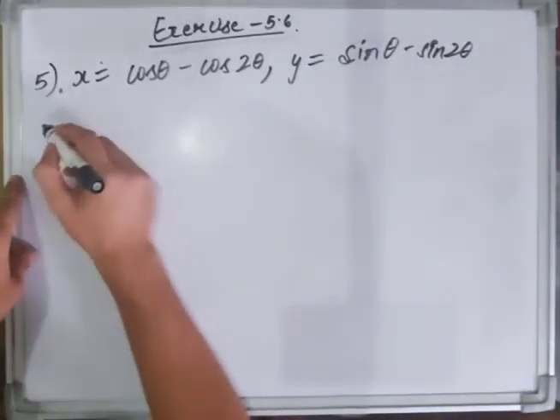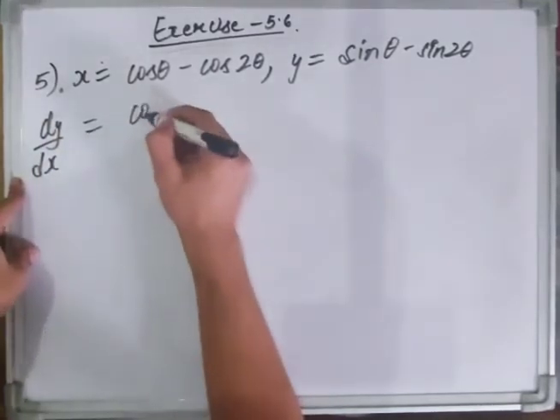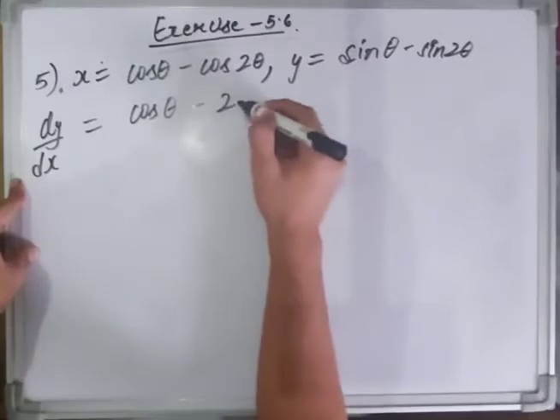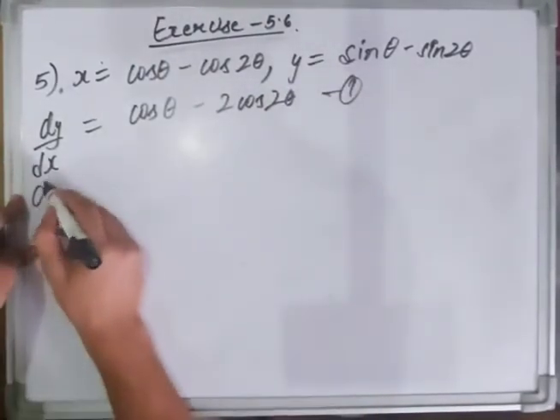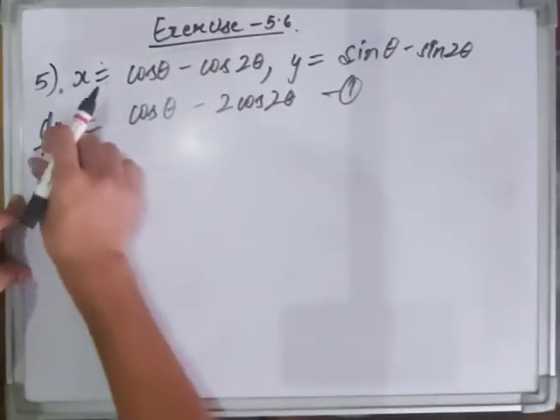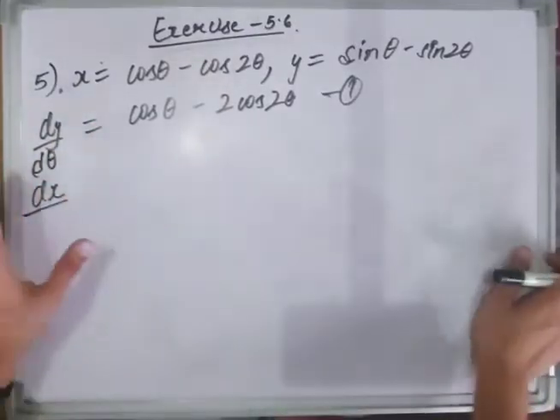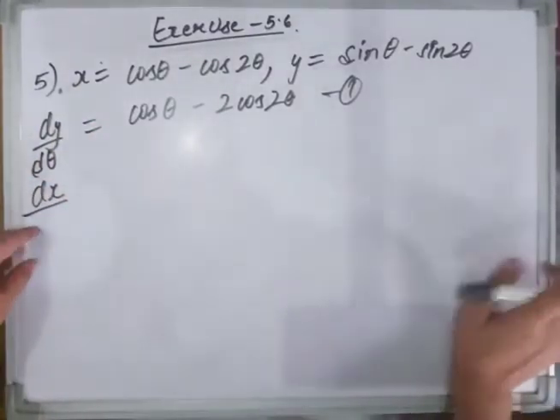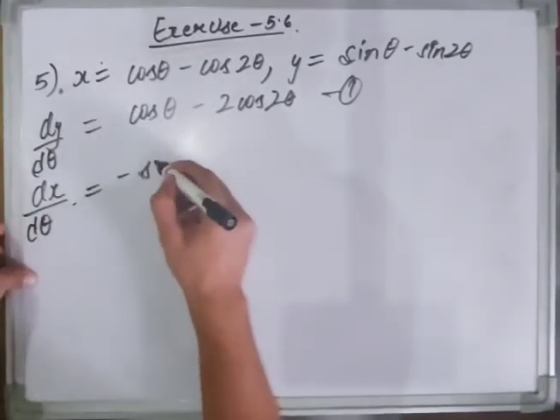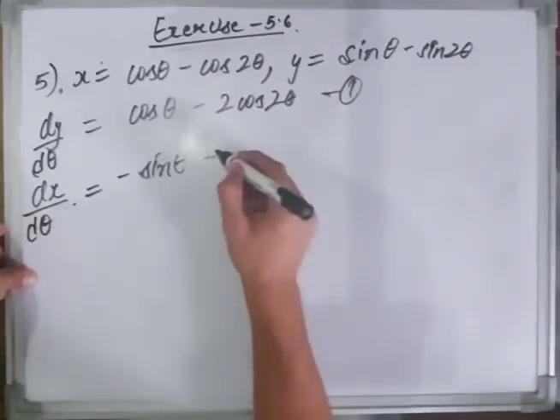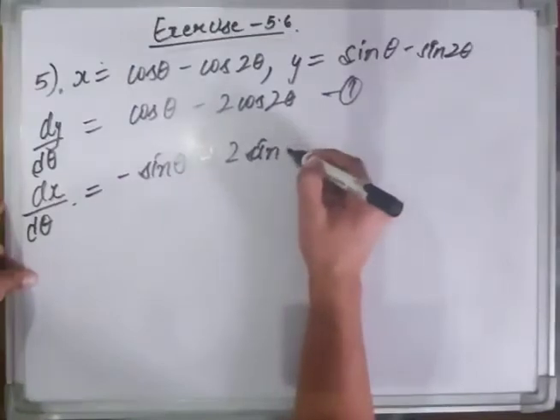Let us take the derivative of y. We have dy upon d theta as cos theta minus 2 cos 2 theta. Write this as the first equation. I need to write d theta here, because we are finding the derivative with respect to theta. We have dx upon d theta as minus sin theta plus 2 sin 2 theta.